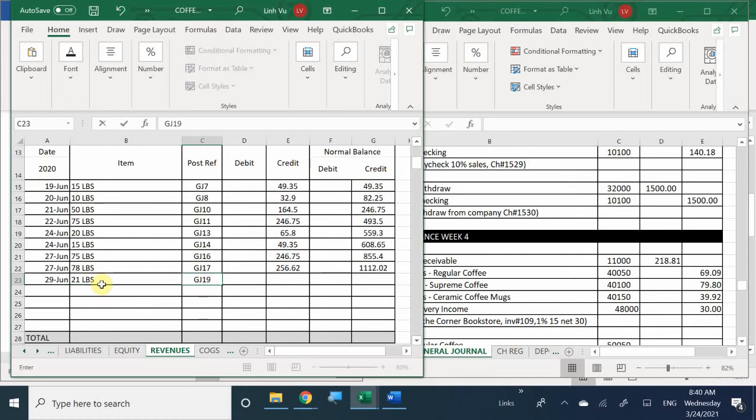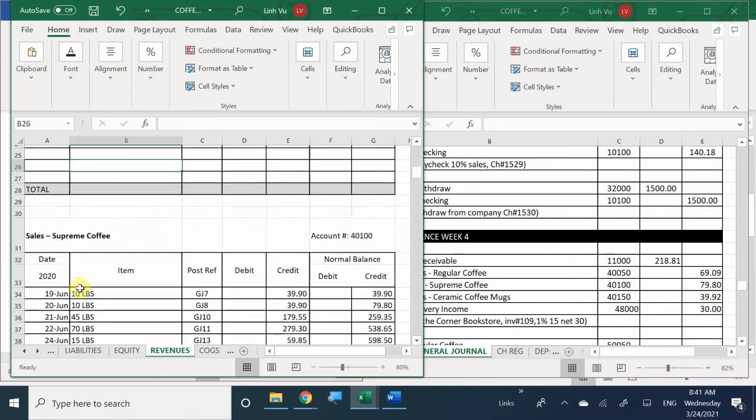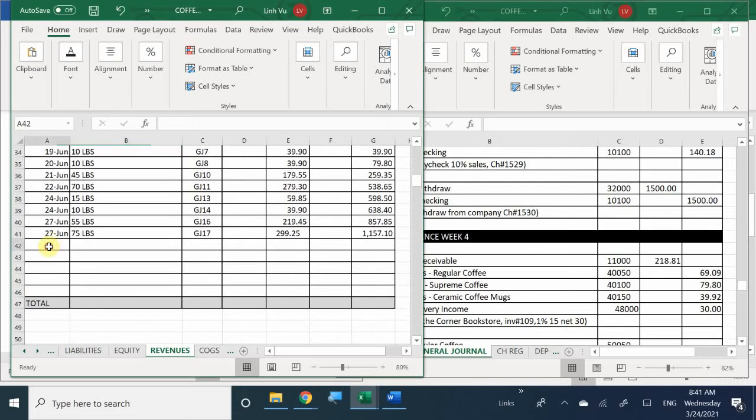General journal 19 for 69.09. Okay, so what is our ending balance here? 1181.11. Good.